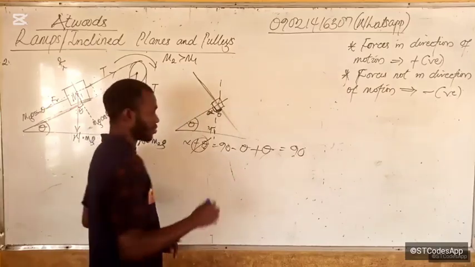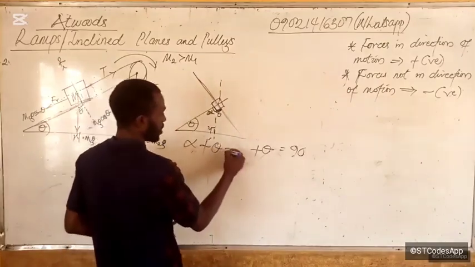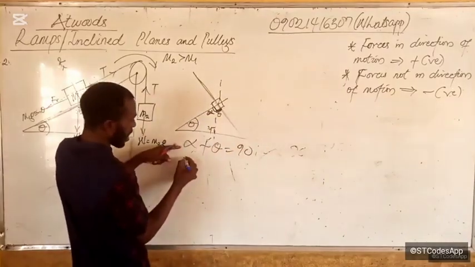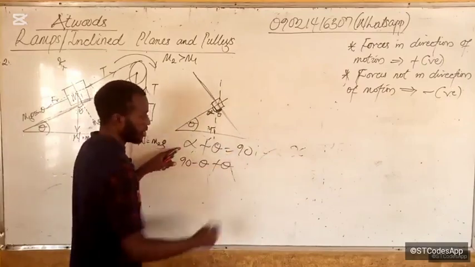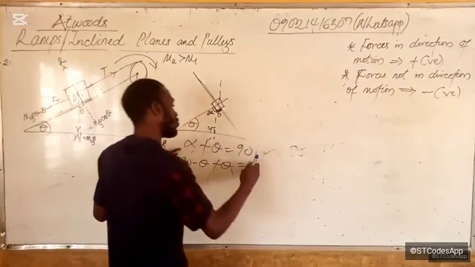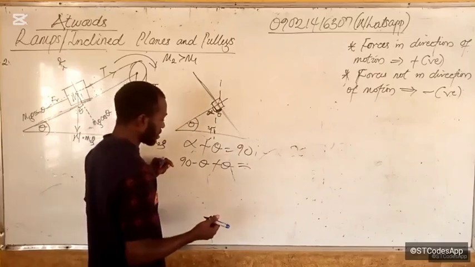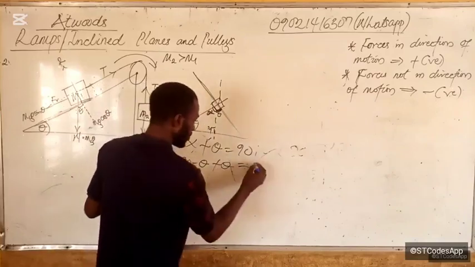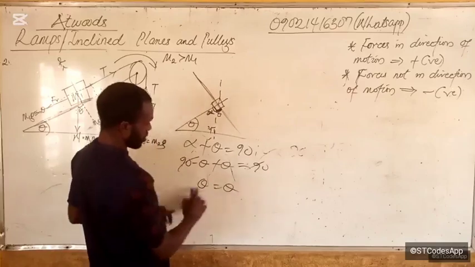I hope that makes sense to you. That is, alpha plus theta is equal to 90. And we know that on this side, alpha is 90 minus theta, plus theta. So everything should give us 90 degrees. Since everything should give us 90 degrees, by the time we subtract 90 from both sides, theta will be equal to theta.